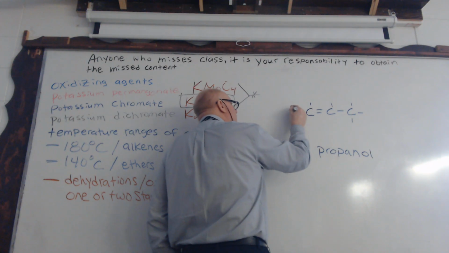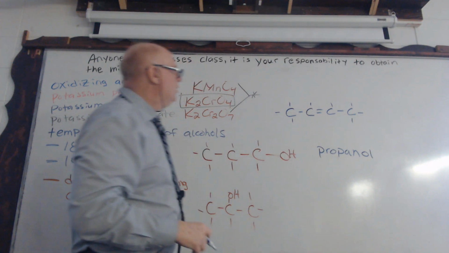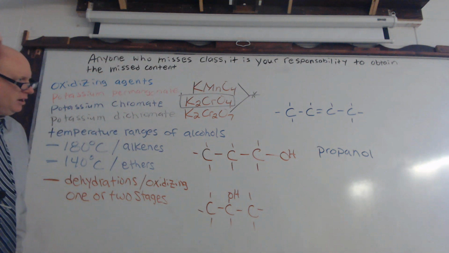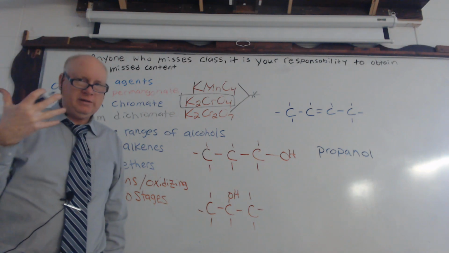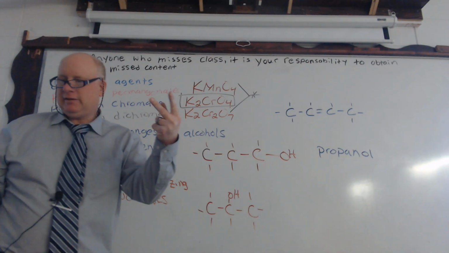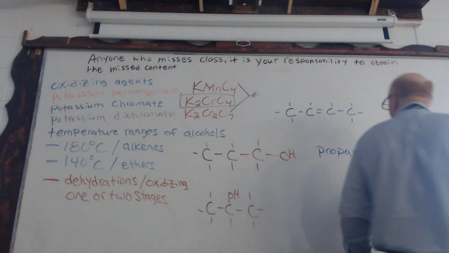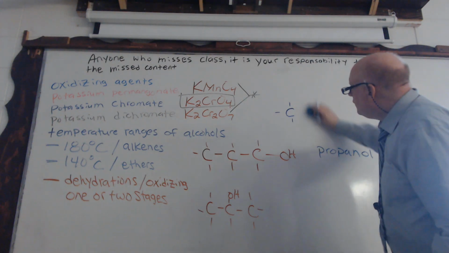Where we do something like this, with a double bond after the second carbon, you'd have to say 2-butene. If there's nothing written after a number, it's telling you one of two things: either 1, where the double bond is located, or 2, where an organic family is located. So we don't need this here. We've named our propanol.